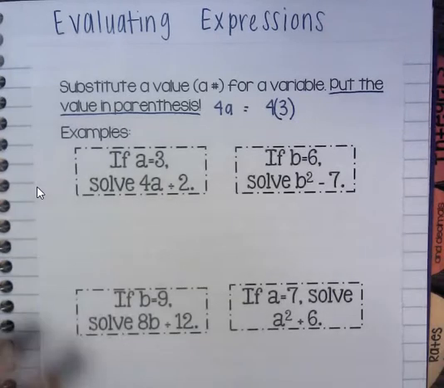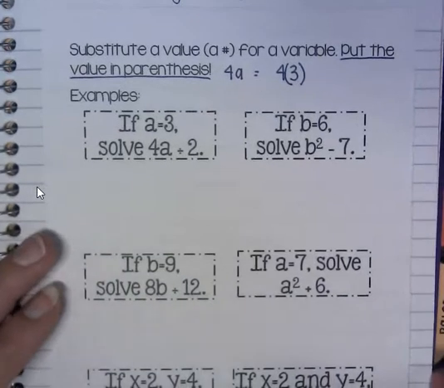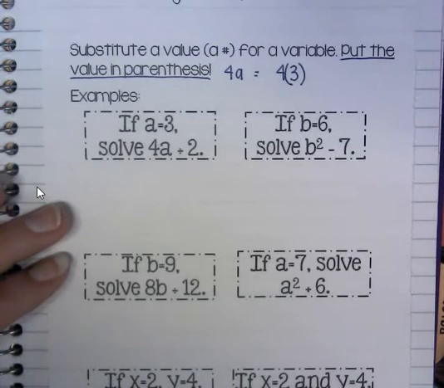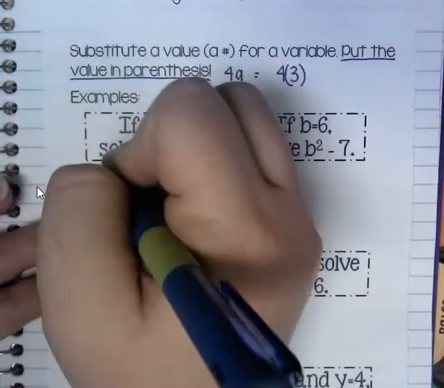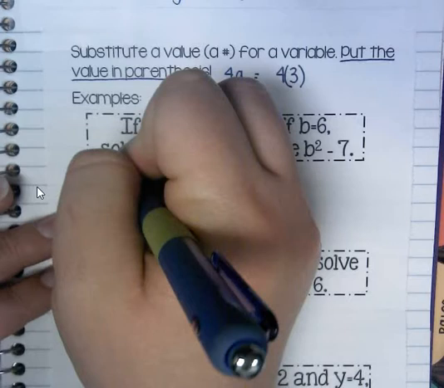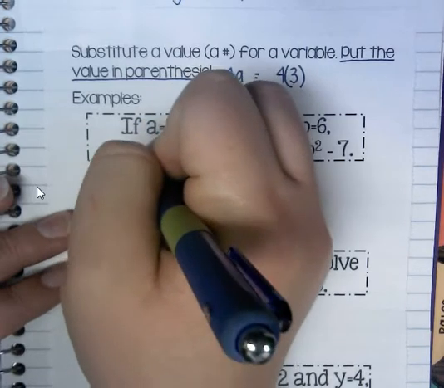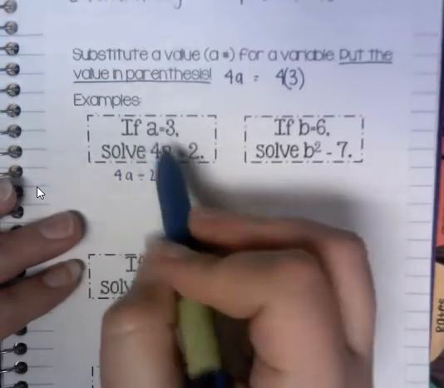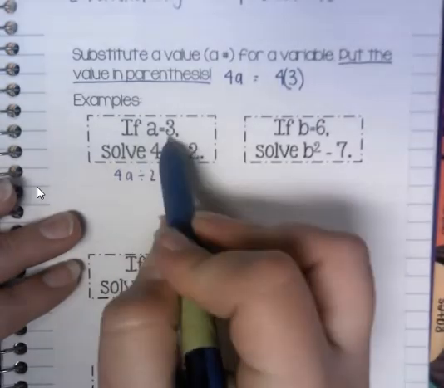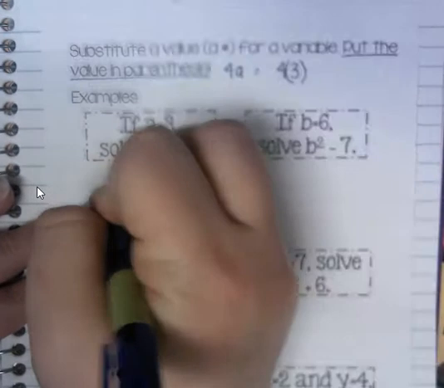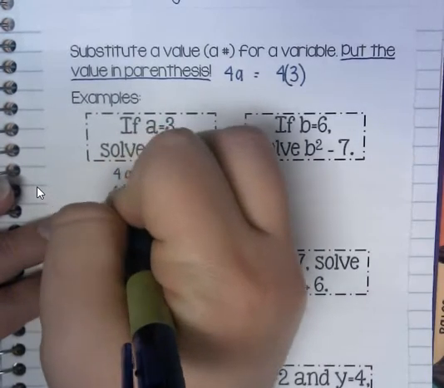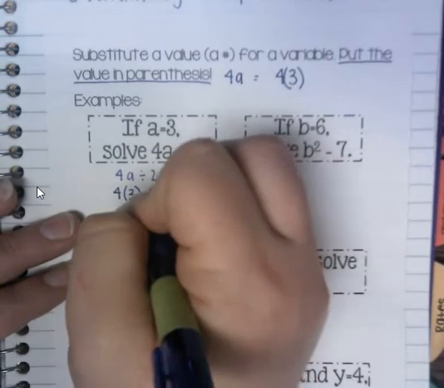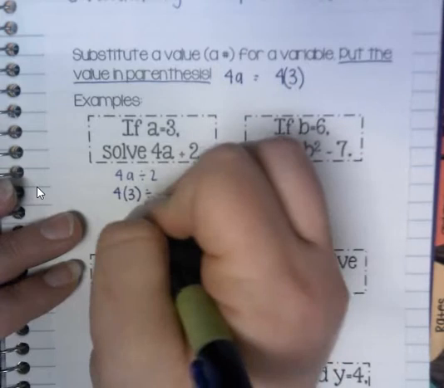Okay. Moving on to the examples. If A equals 3, solve 4A divided by 2. So I rewrite my question, 4A divided by 2. Then I substitute where I see A, I will put in 3. Make sure you don't forget about your parentheses. So I've got 4 parenthesis 3 parenthesis divided by 2.